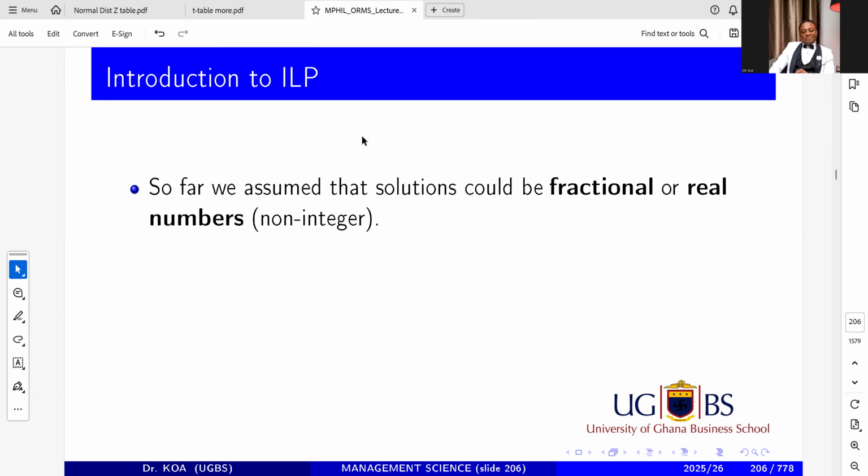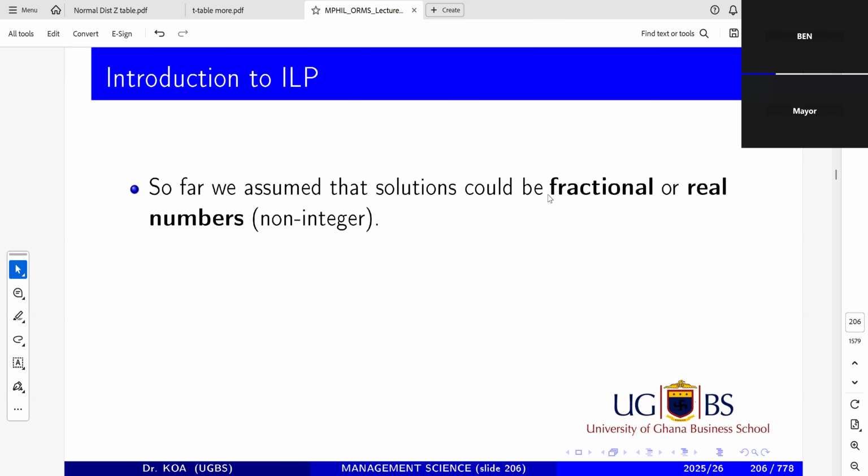What is an integer? Who has an idea? Ben? I think integer is a positive whole number. Well, technically, that is not integer. Technically, I spoke generally.